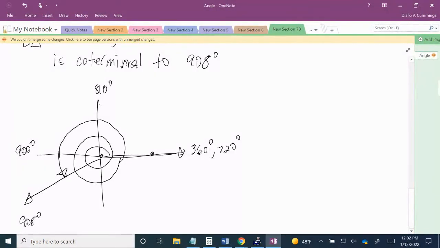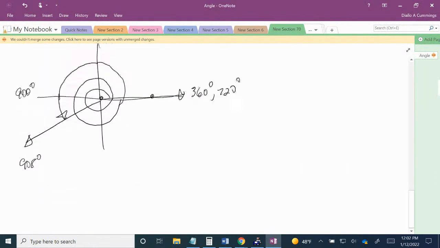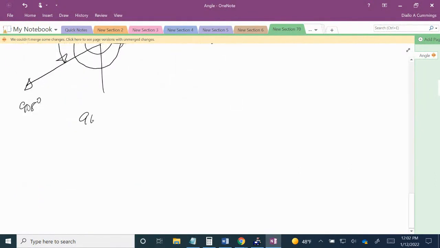Now in order to find the smallest possible positive coterminal angle, we're simply going to unwind it, or subtract 360, until we get a value between 0 and 360. If I take 908 degrees and subtract 360, I believe I get 540 degrees.